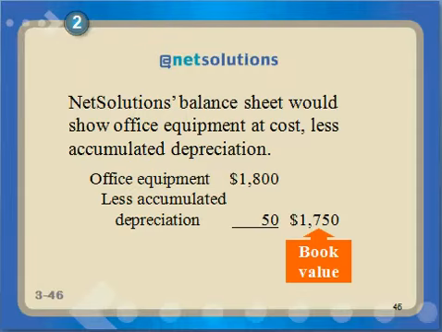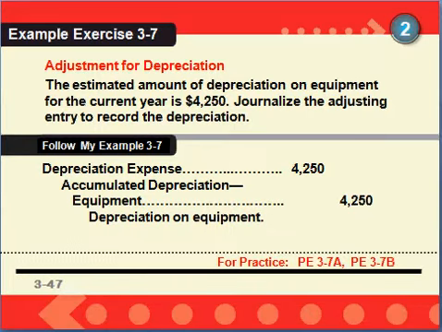Now we're going to take a look at an example exercise, and this is example exercise 3-7, which is on page 113 in your book. And here we have estimated our depreciation to be $4,250 for the period.